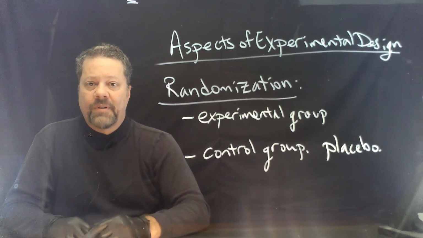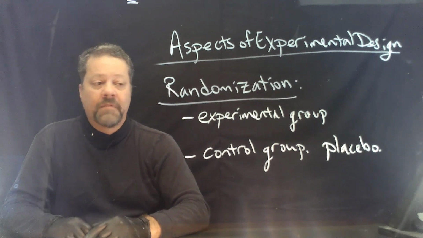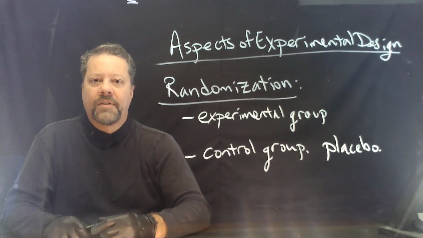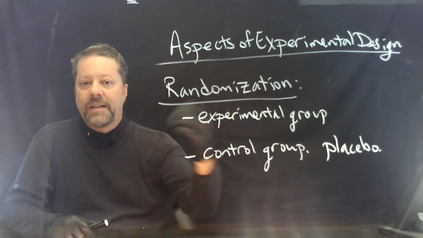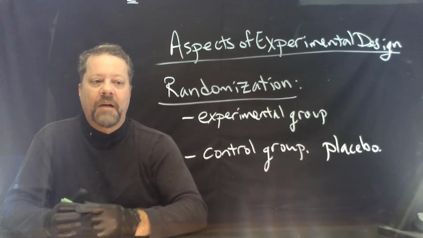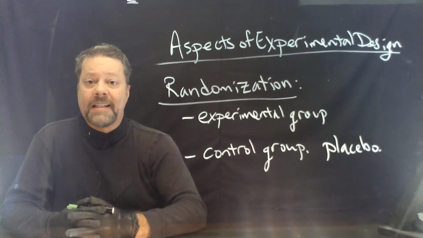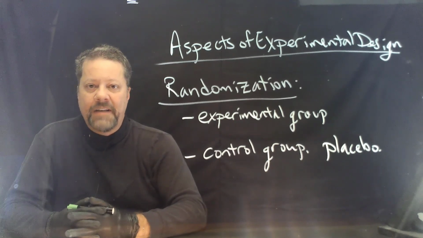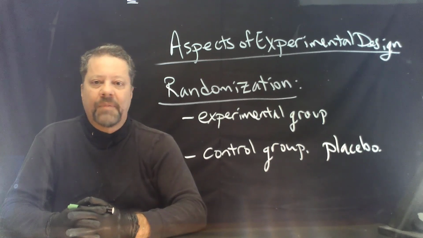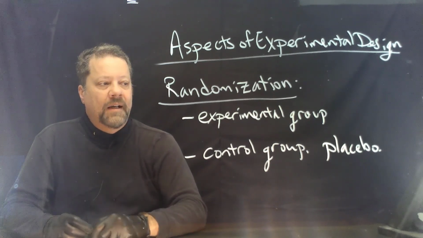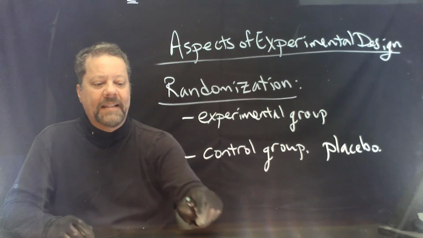It's quite possible that some individual may sincerely want to try some new drug, and their wanting that drug to be applied to them and to cure whatever disease they may have may affect the responses that they give to their health practitioner. And so we talk about blinding.